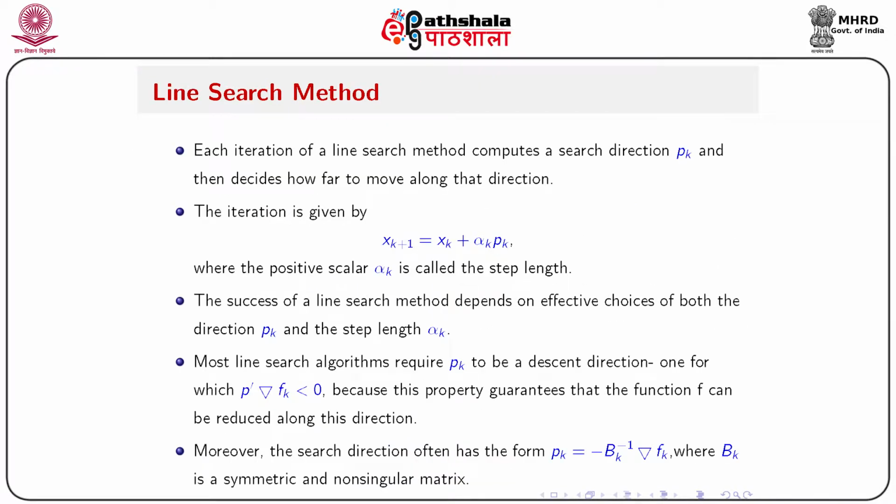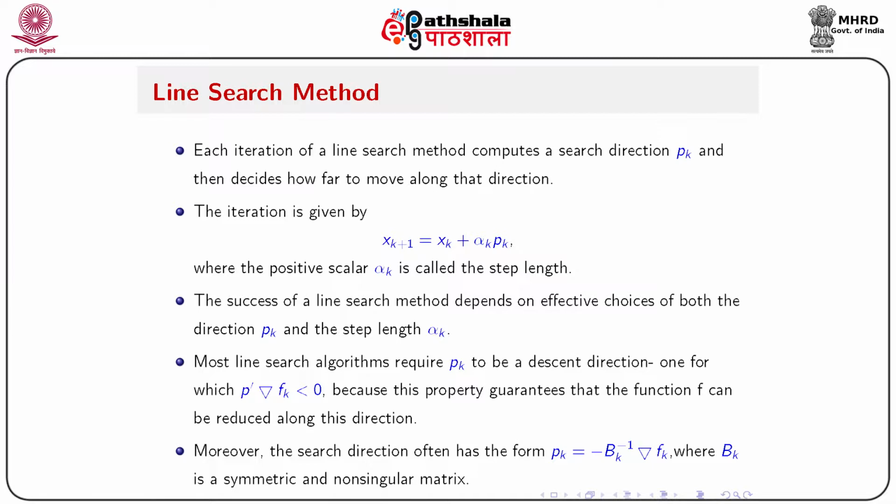So let's learn about line search methods in detail. Each iteration of a line search method computes a search direction pk and then decides how far to move along that direction. So the iteration is given by xk plus 1 equals xk plus alpha k pk, where the positive scalar alpha k is called the step length.